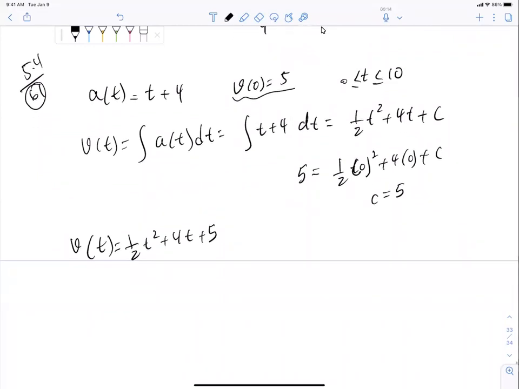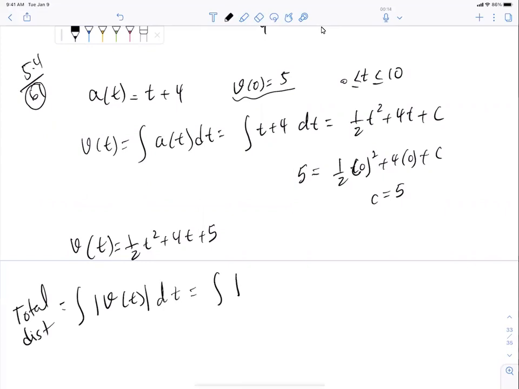So the total distance traveled would be the integral of the absolute value of V of t dt, which is the integral of the absolute value of 1/2 t squared plus 4t plus 5 dt. And you integrate that from 0 to 10.